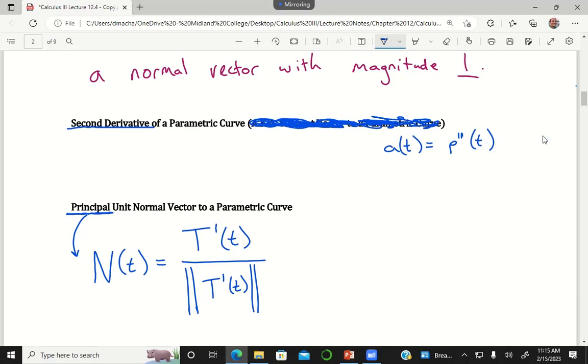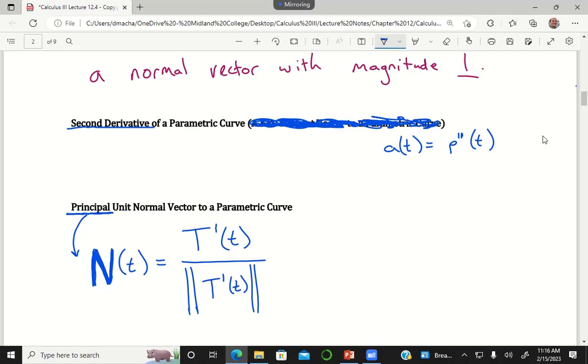Dividing by the norm is just what makes it a unit normal vector. I've already told you there's infinitely many normal vectors that you can describe. This is one specific normal vector out of the rest that you get by taking the derivative of your unit tangent vector and dividing by its norm.